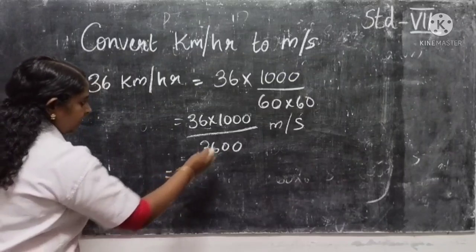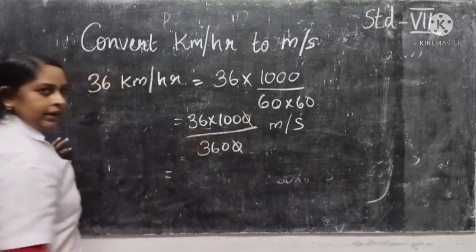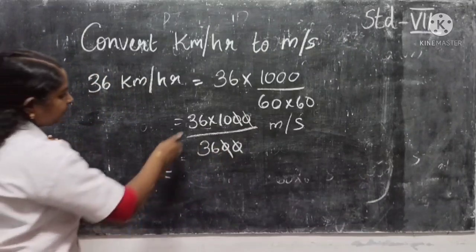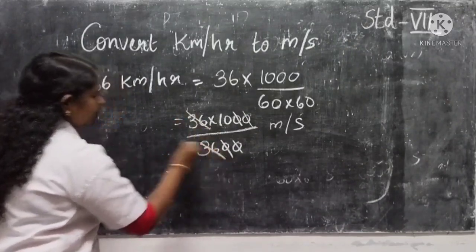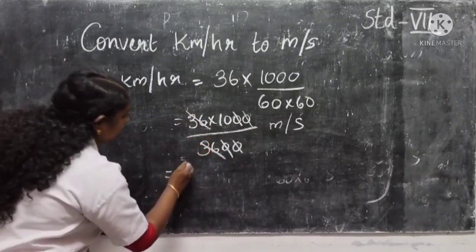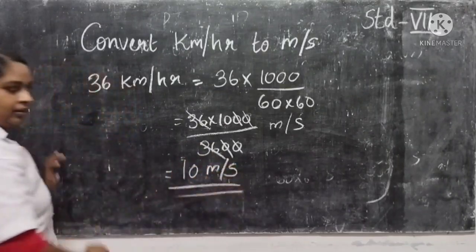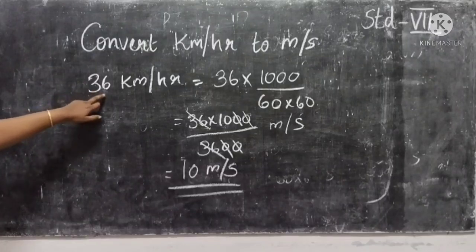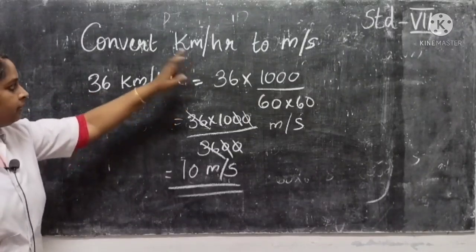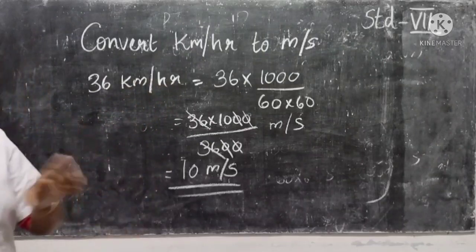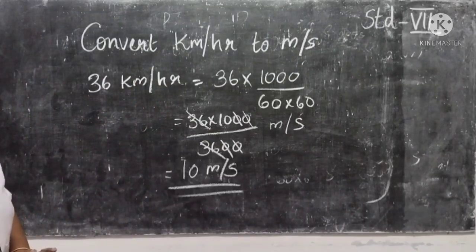The 0s can be cancelled, then 36 and 36 can be cancelled, and the final answer is 10 meter per second. So, 36 kilometer per hour is equal to 10 meter per second.